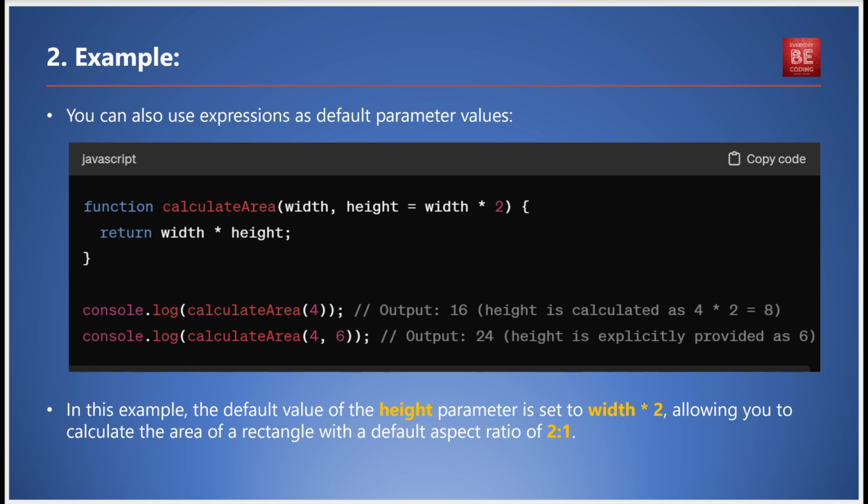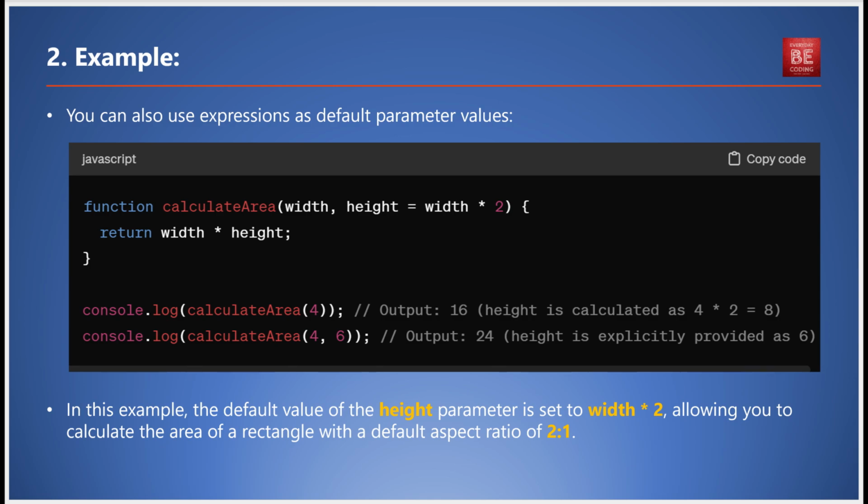These examples demonstrate how default parameters can significantly enhance the flexibility and usability of functions in JavaScript. They are particularly useful for defining functions with optional arguments or for providing fallback values when certain arguments are not provided.